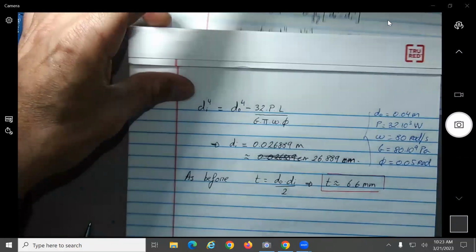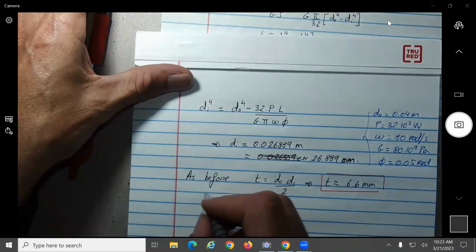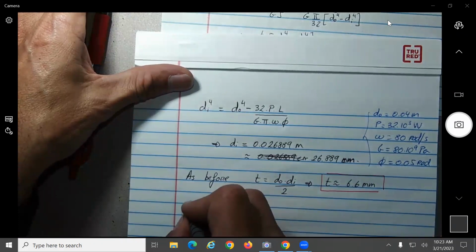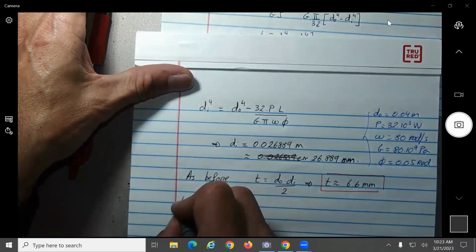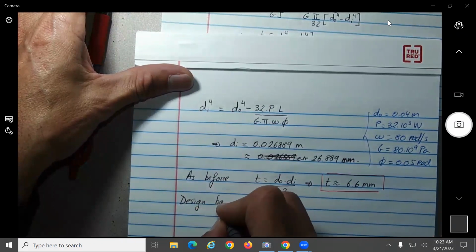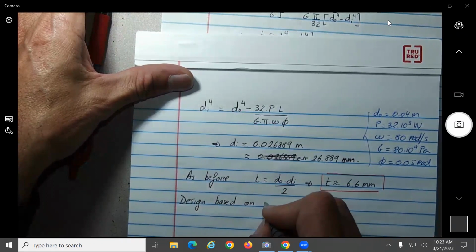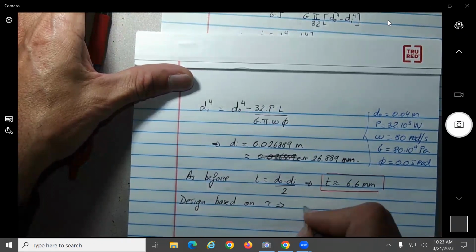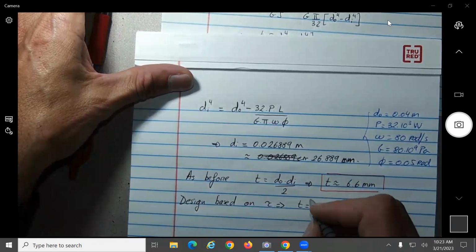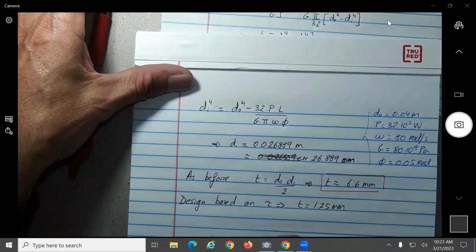Basically, if we base the design only on shear, on the material, T should be approximately 1.25 millimeters.